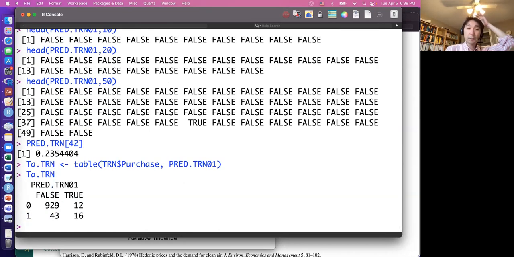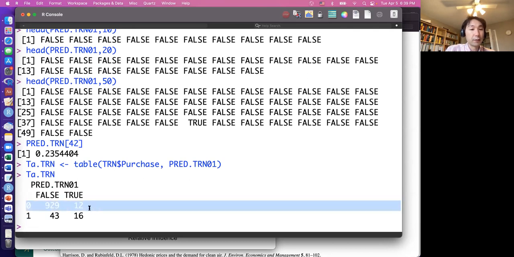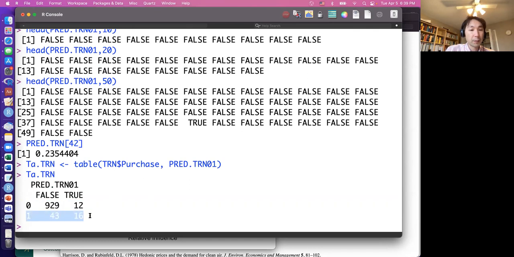This is the result: the people who didn't buy the product and the people who did buy, with false and true. If predicted false, only 43 people out of 972 bought the product. But if predicted true, 16 out of 28 people bought the product. Actually, it's more than 20%, but that's the result.